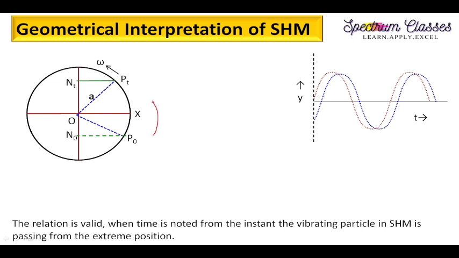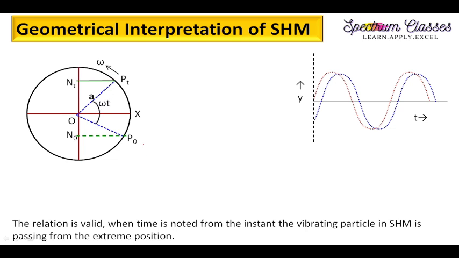My point P0 starts moving with time and it reaches to PT. So it is moving with velocity omega, and in time t it reaches to point PT. So it will make an angle omega t from here to here. Clear? So this is our omega t.